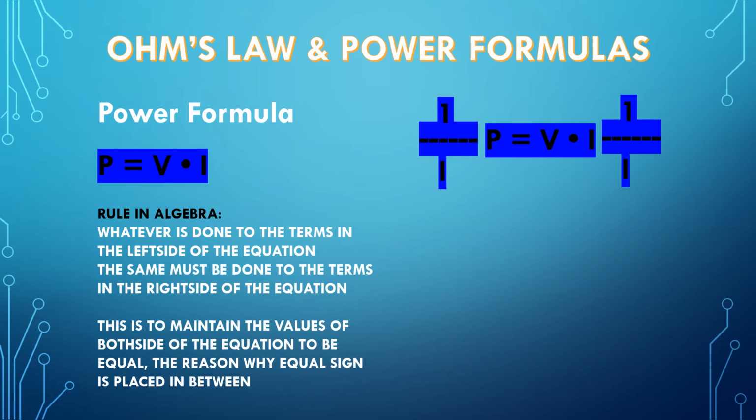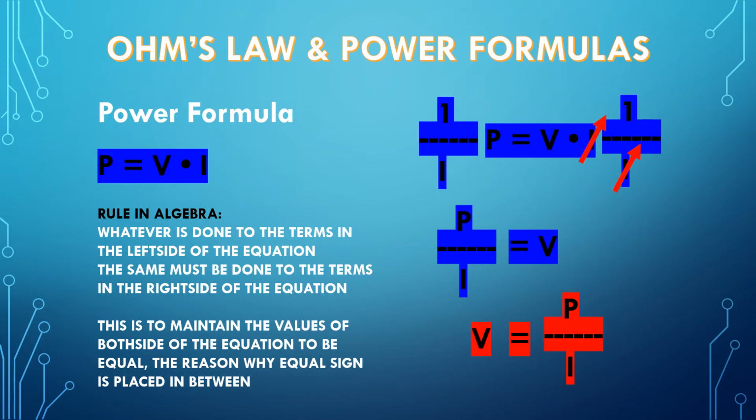So using the rule, we multiply also 1 over I in the left side and cancel I. What will remain is P over I is equal to V, or we can rewrite it as V is equal to P over I. Now this is our equation or formula number 5.